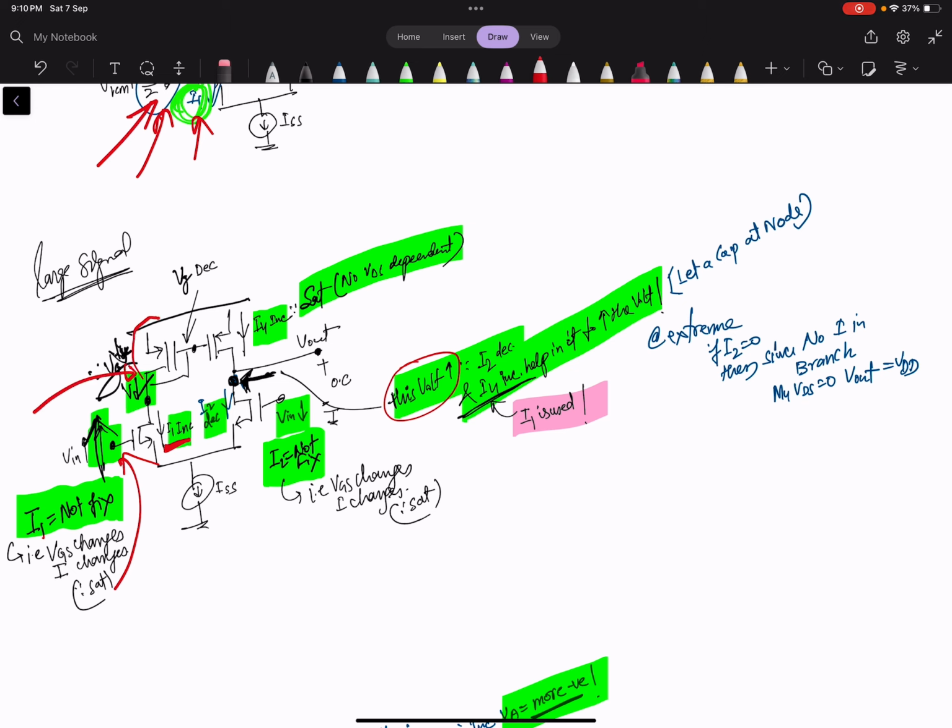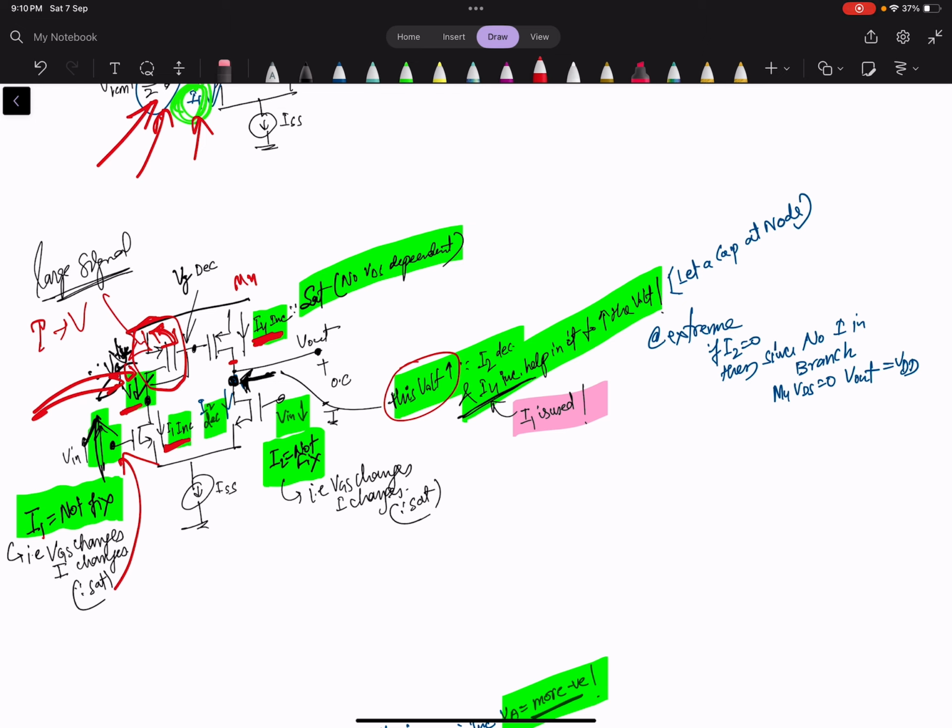Because this is a diode connected PMOS, so for this current increase, VGS will increase and this voltage has to go down. This is basically current to voltage conversion. Because of this voltage decrease, the current from M4 will increase, if M4 is in saturation.